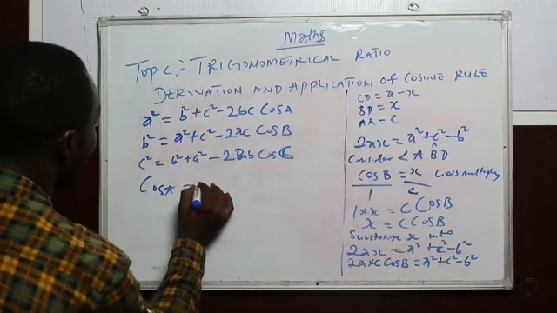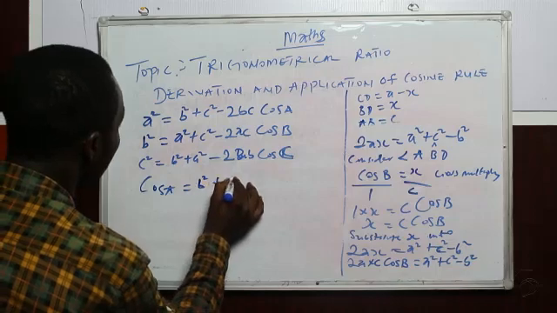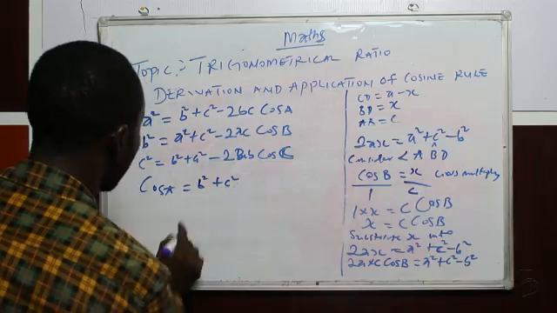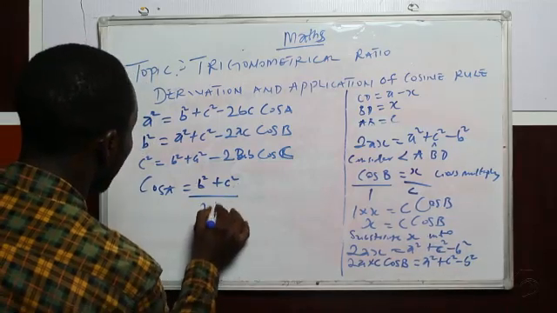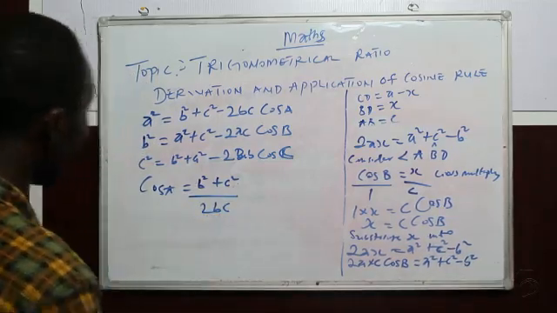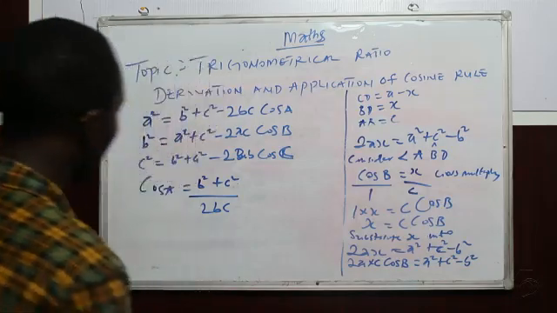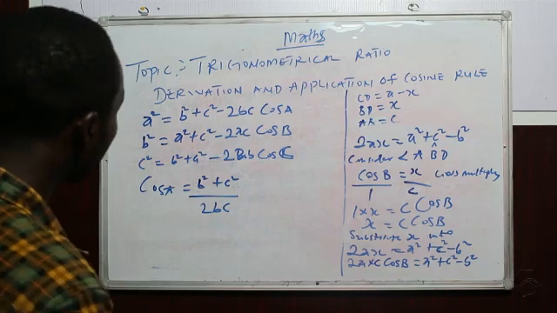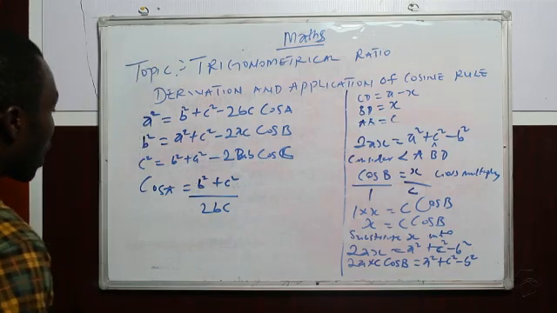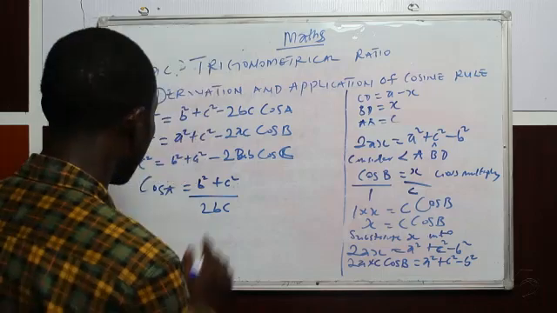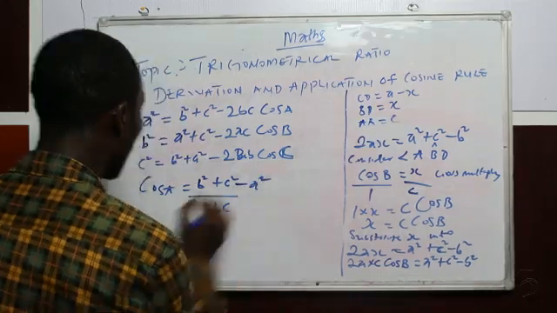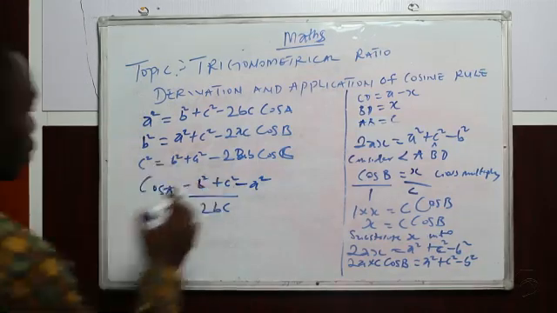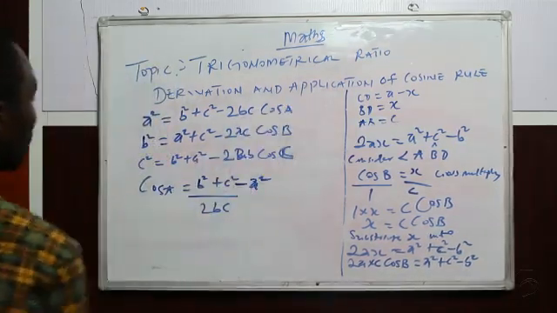That is b squared plus c squared minus a squared over 2bc. That will give us the knowledge on how we can calculate cos A, because we are dealing with the side a and the angle of A. So it's going to be minus a squared, making cos A the subject of the formula.